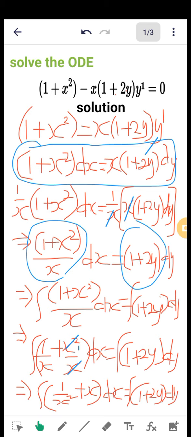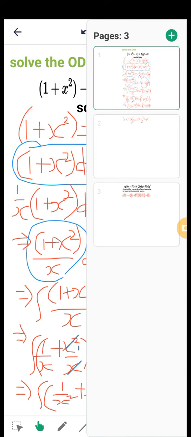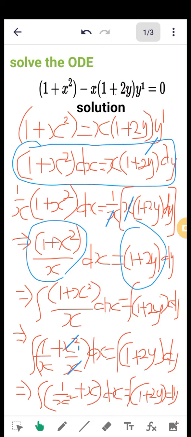Without much ado, my 1 + x² is divided by x, so this can be written as 1 over x plus x²/x, and the x can go into x², leaving us this. Therefore, our final solution will be the integral of the left hand side and the integral of the right hand side.